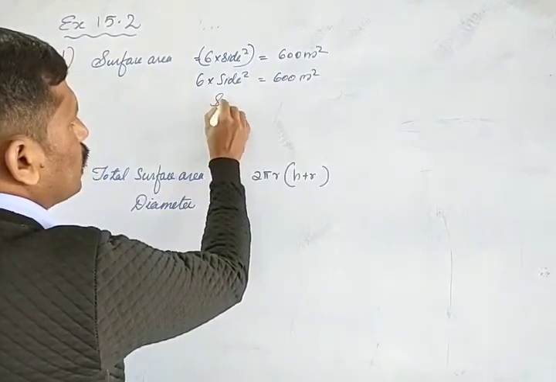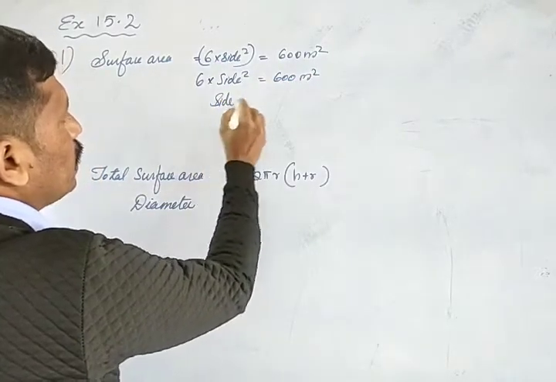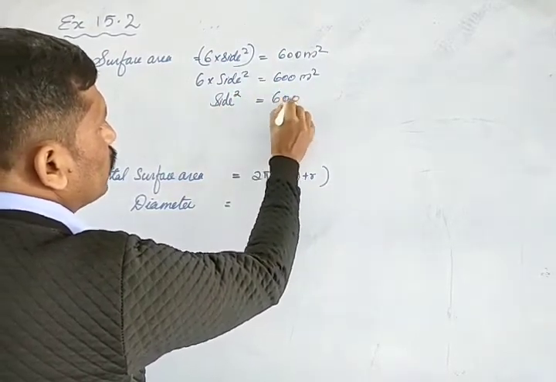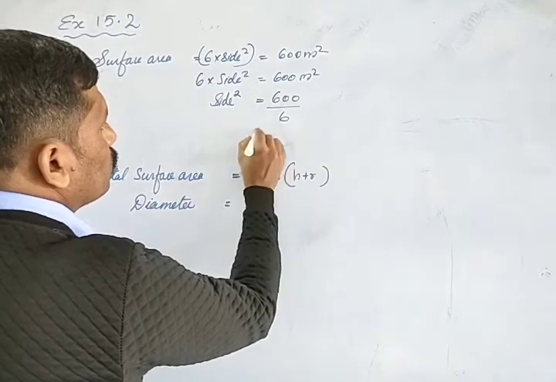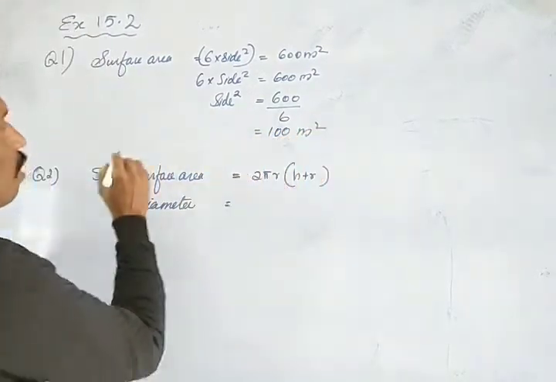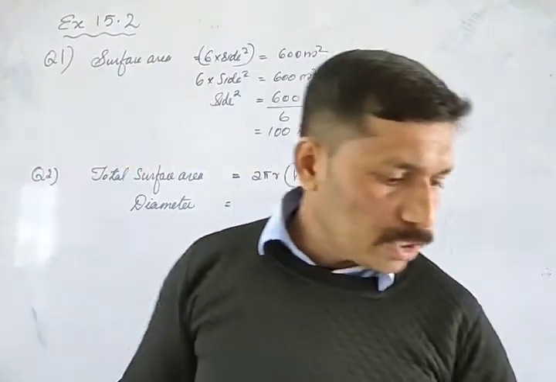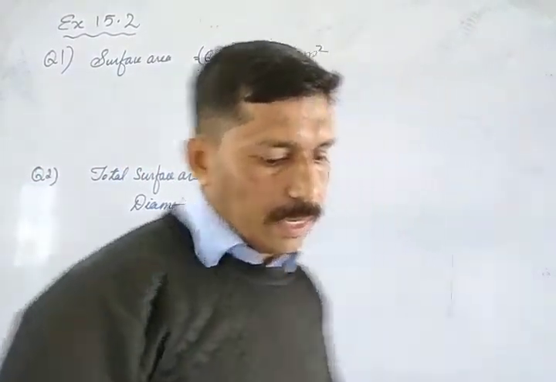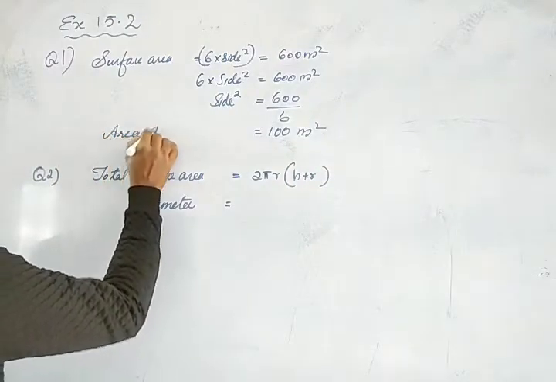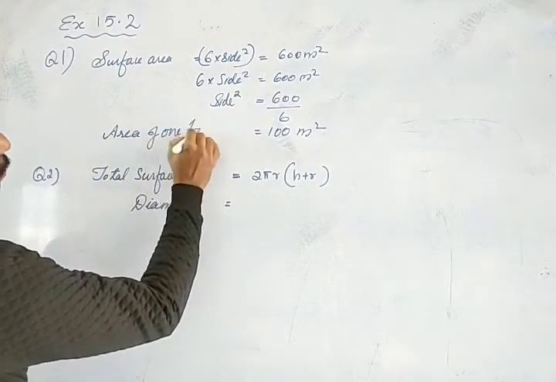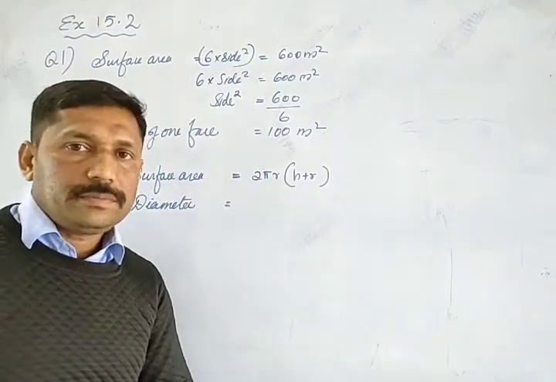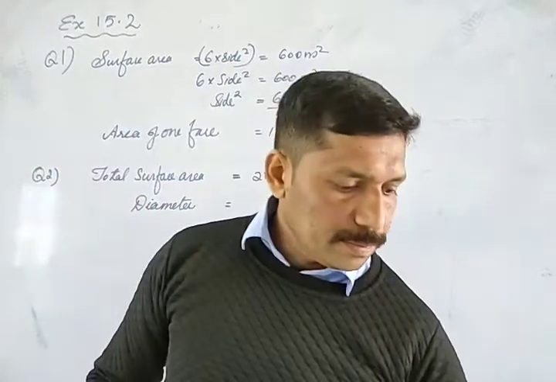Side square is the area of one side, so side square is equal to 600 divided by 6, which is 100 meters square. So the area of one face is 100 meters square.